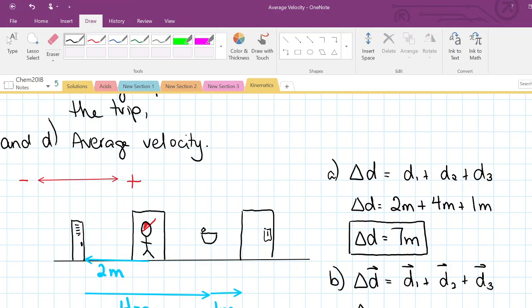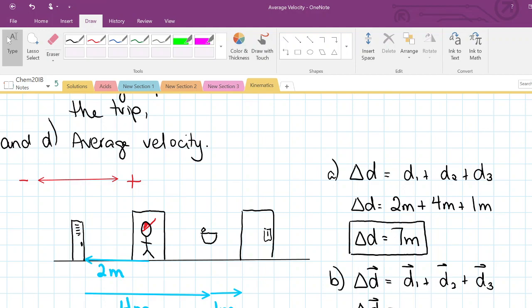When we look at vectors, we have to assign a positive or a negative in order to show the direction of that particular displacement or vector. Notice that my Rosetta that I placed above my picture tells me what is a positive and what is a negative.